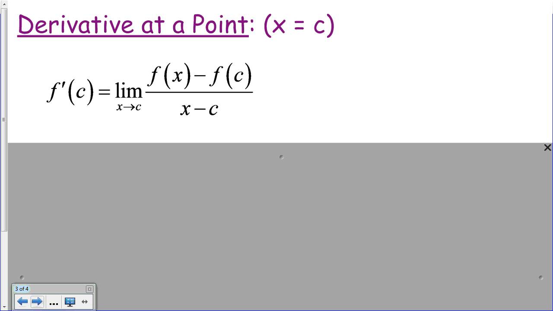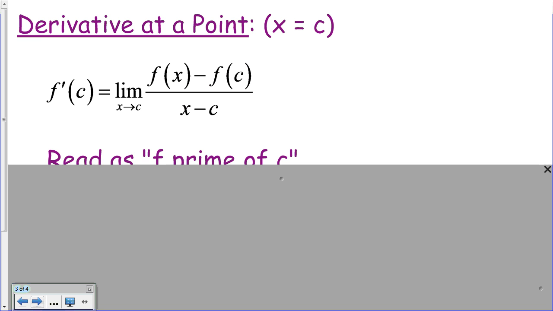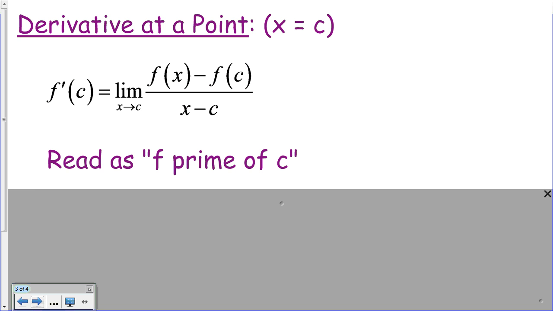The same is true here. We're using f prime because there's a relationship between our original function and its derivative. The derivative is telling us the slope of that function. So that'll be our notation. We read that as f prime of c. It's equal to what we just saw on the previous graph that we were sketching. It's the limit as x goes to c.